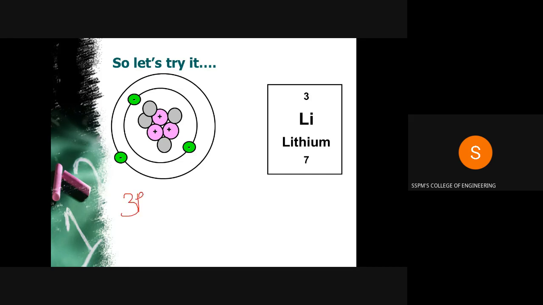The number of neutrons is the atomic mass number minus the atomic number.